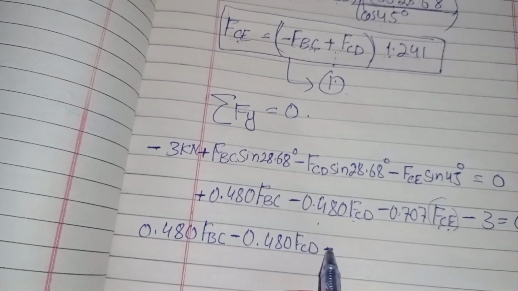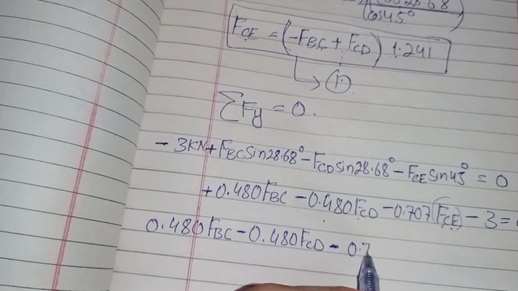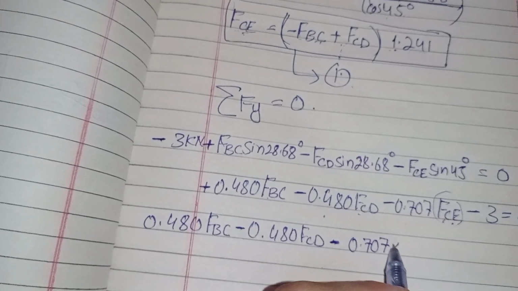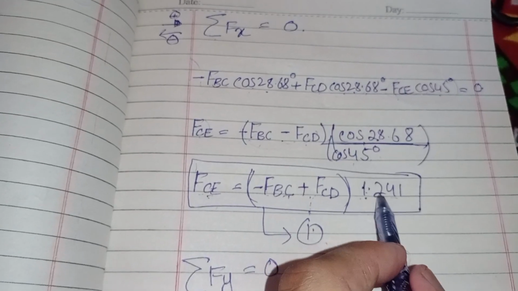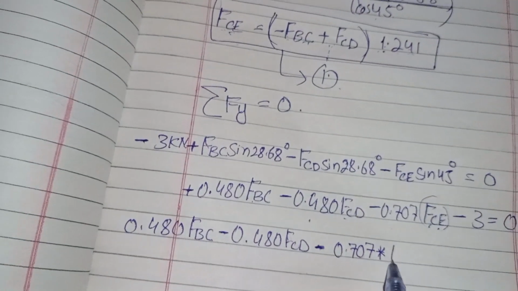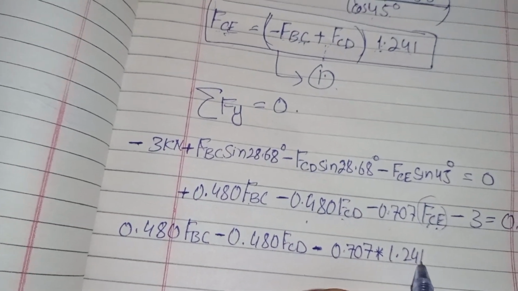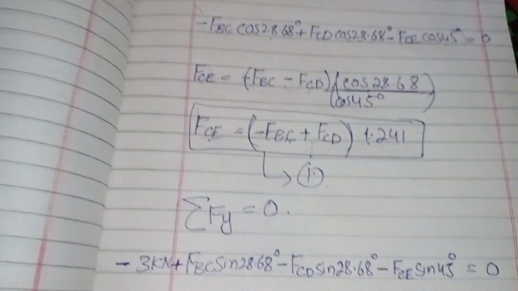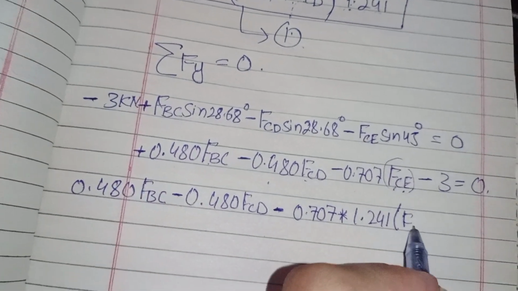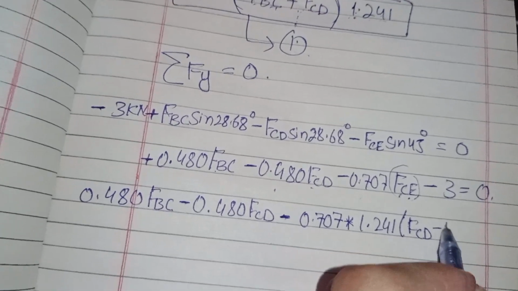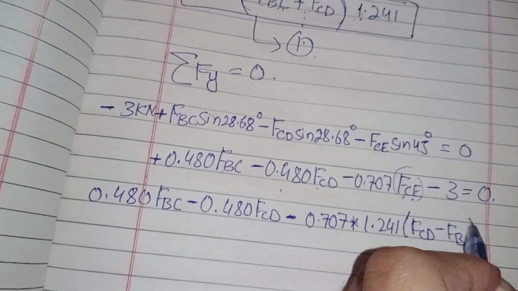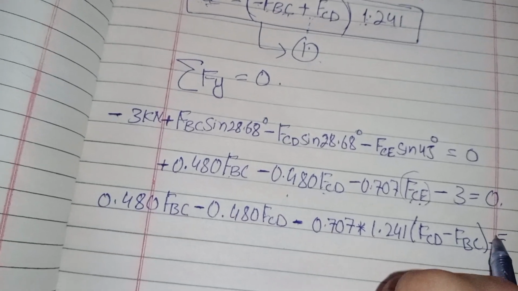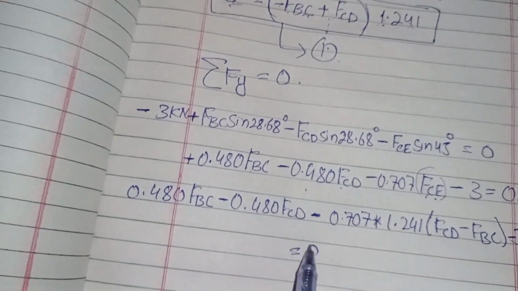So negative 0.707 multiplied by 1.241 into (F_CD minus F_BC), minus 3, will equal to 0.